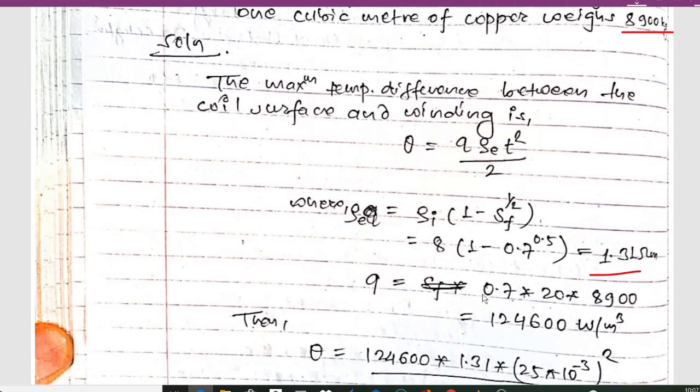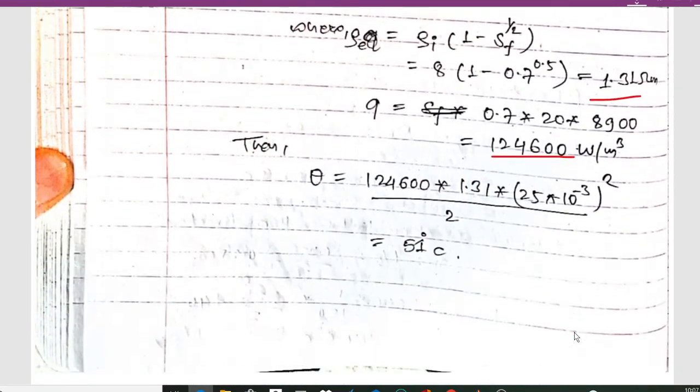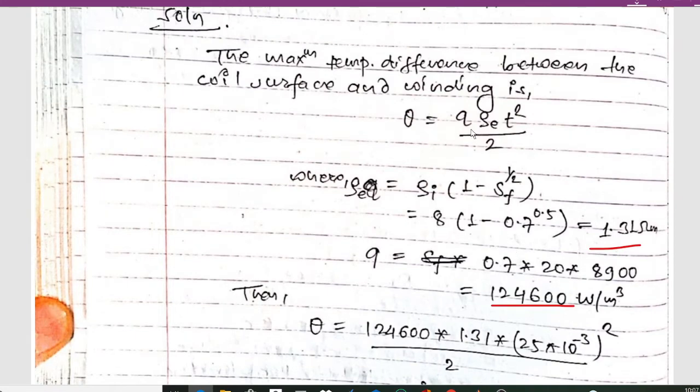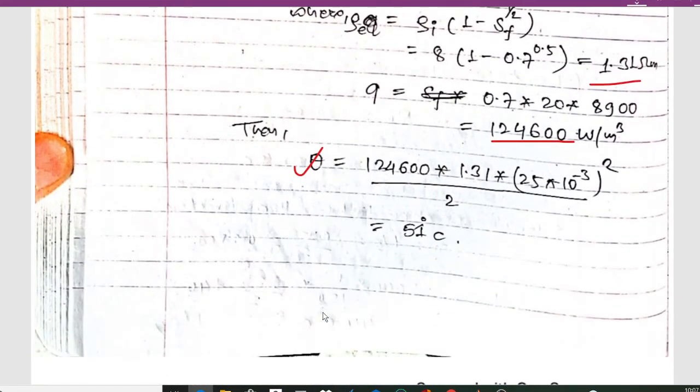So q is equal to 0.7 into 20 into 8900, which gives in watt per meter cube 124600. Now finally theta, we'll just substitute the values in q rho e into t square upon 2, and if you substitute all the values you will get the value of theta. The maximum temperature difference will be 51 degrees Celsius.